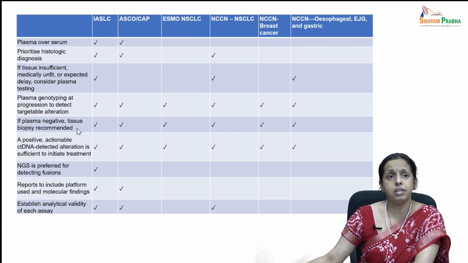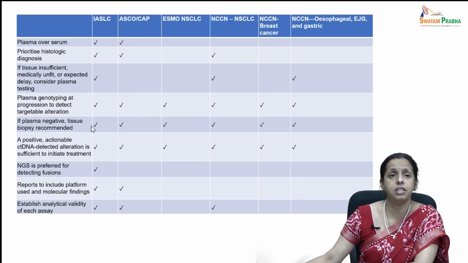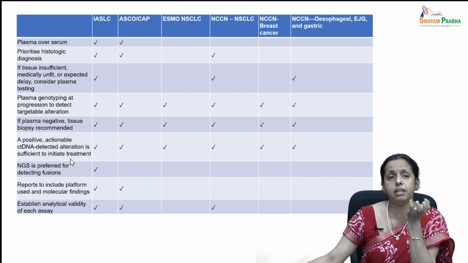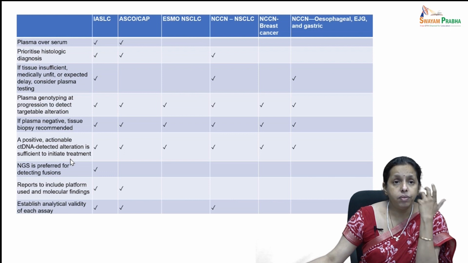If the particular biomarker is negative in the cell-free liquid biopsy, then should I go for the tissue biopsy? Yes, it is very much recommended. All organizations recommend that. Suppose I detect a positive actionable cell-free DNA alteration in the liquid biopsy, can we go ahead with the initiative?